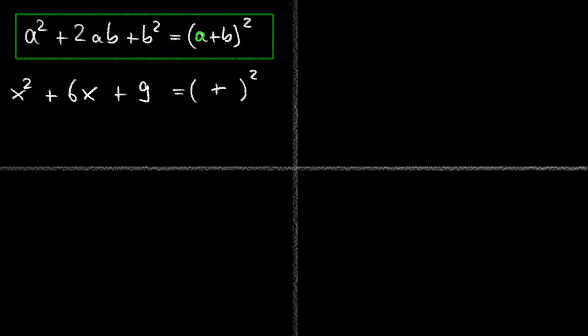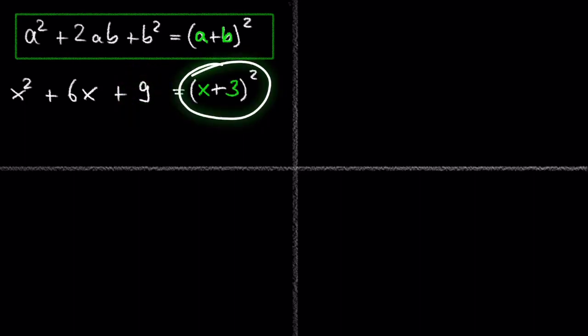Now, what's a? A is the square root of a squared. So the square root of x squared is x. B is the square root of b squared. So the square root of 9 is 3.